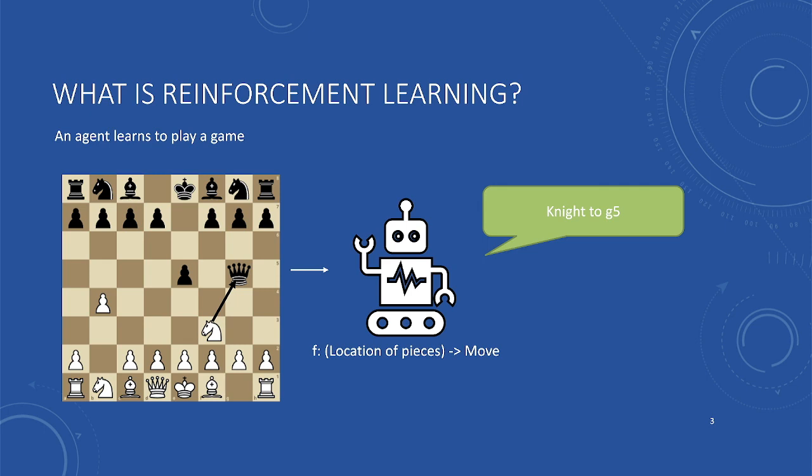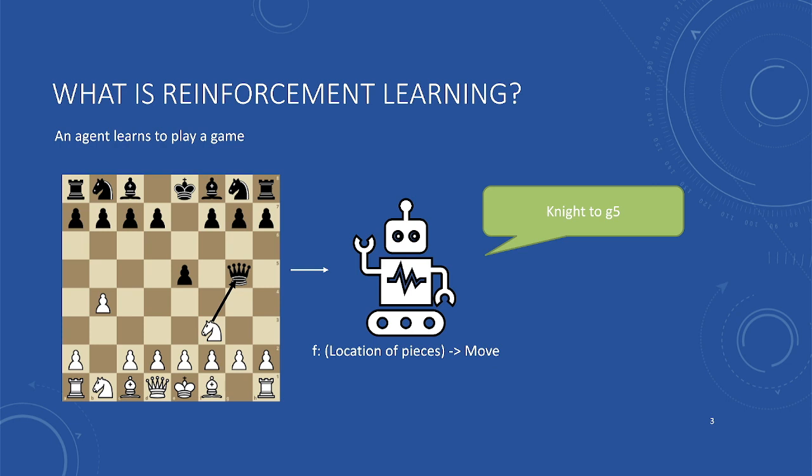But before I talk about Dafny and how it can be used here, let's talk a bit about artificial intelligence and reinforcement learning, because that's the important concept here. So in reinforcement learning, you treat your problem as a game, and then you teach an agent to play this game. So for example, we could say that the game is chess, and we want our agent to learn to play chess.